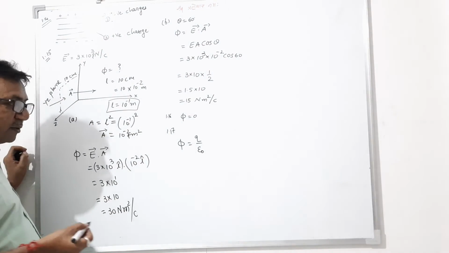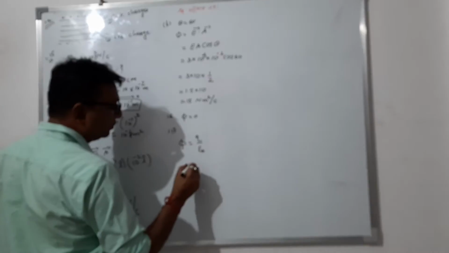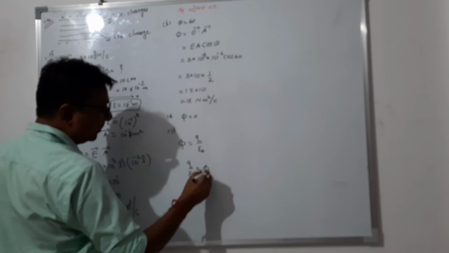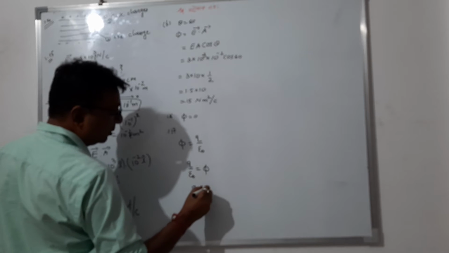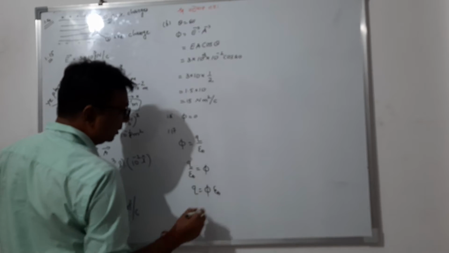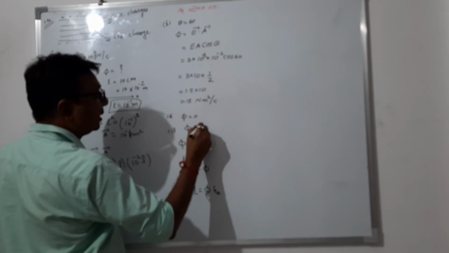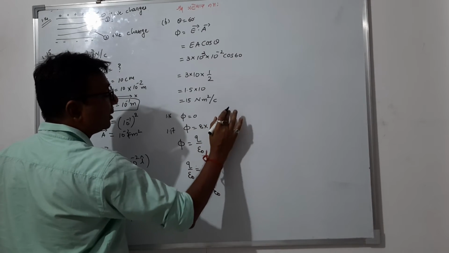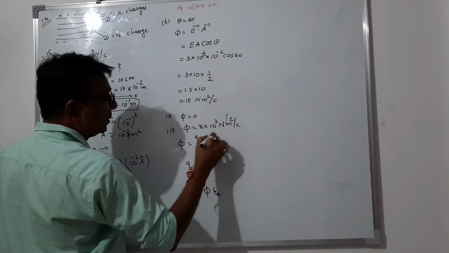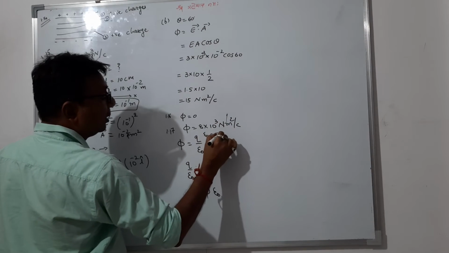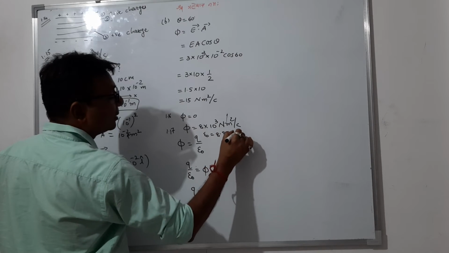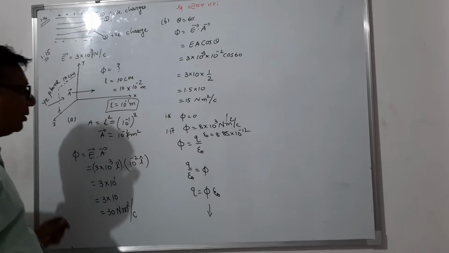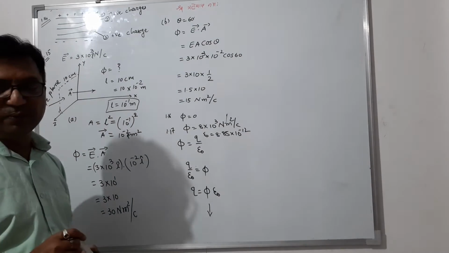But here you have to find out only Q. I can write it this way: Q is phi times epsilon 0. Here phi is given 8 into 10 raised to 3 Newton meter square per coulomb, and epsilon 0 is 8.85 into 10 raised to minus 12. If you apply this value, you can find out charge Q.